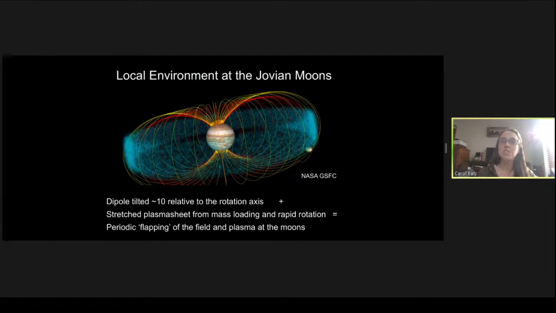I'm just going to do a freeze frame of that now, and basically again remind you that the dipole is tilted 10 degrees relative to the rotation axis. And something I didn't really get into, but because of that plasma source from Io, Jupiter's field isn't perfectly dipolar. It actually gets a little stretched at the magnetic equator.